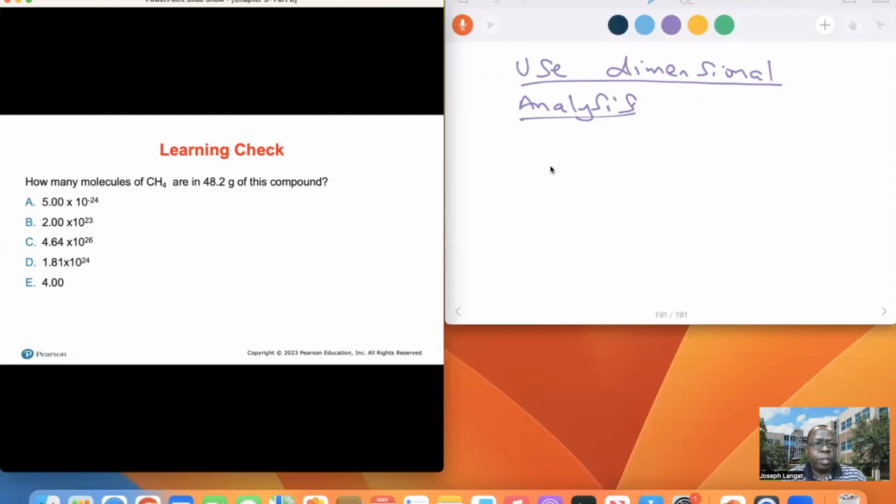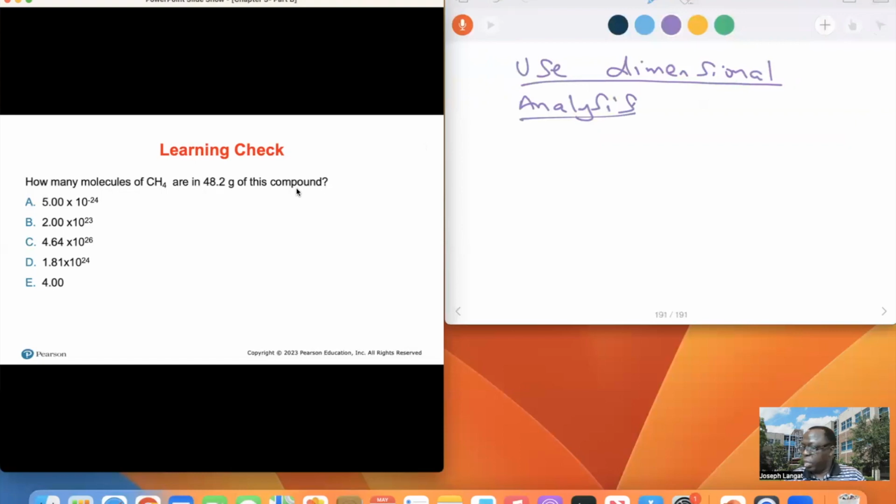The question here is how many molecules? This is not moles though. How many molecules of methane, CH4, are in 48.2 grams of this compound?